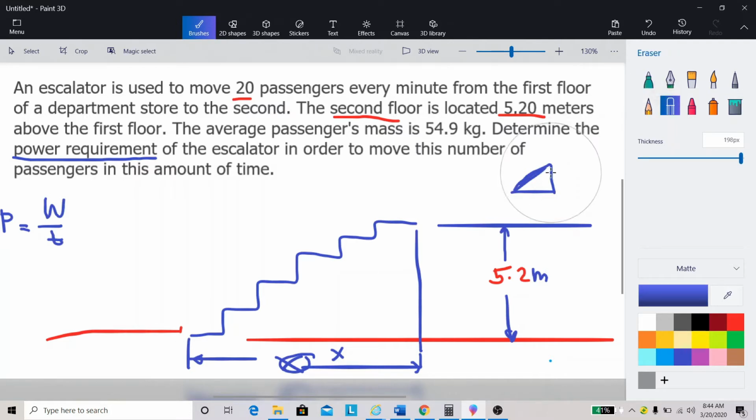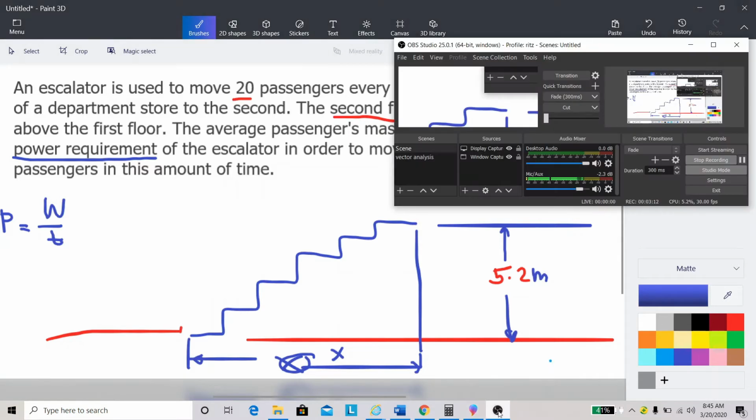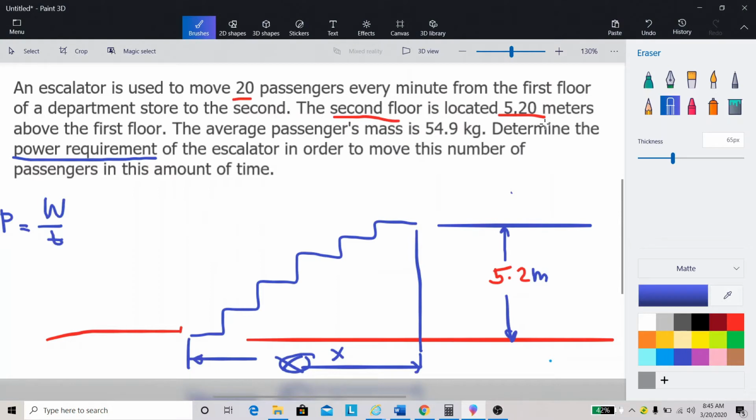Pero dito, ang binigay lang sa atin ay ang vertical component. Ang magiging sagot po dito ay 933 watts. Now, try to figure out kung paano tayo nag-arrive dyan sa 933 watts na yan.